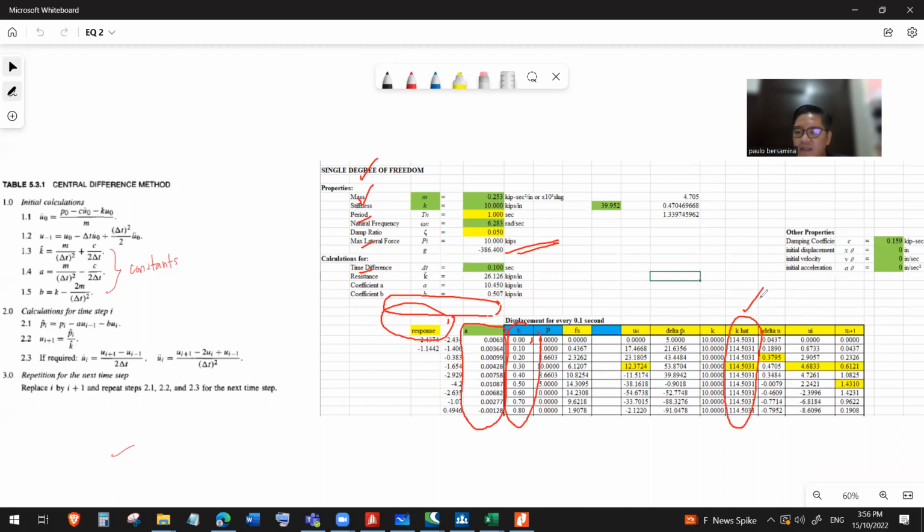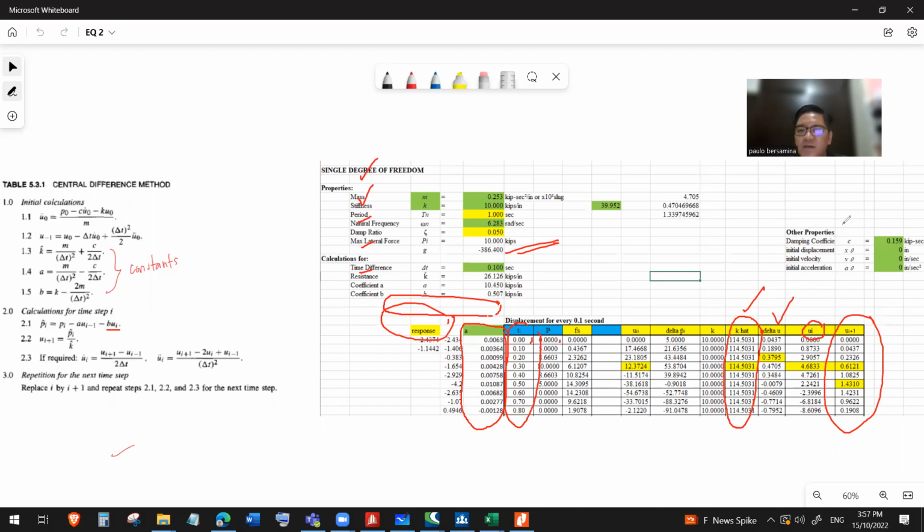Okay. So, of course, the delta U is changing, and itong U_i na yan, then U_i plus 1 is basically P over K.